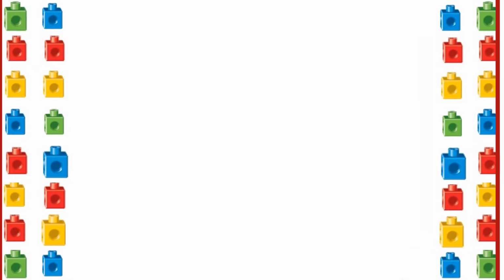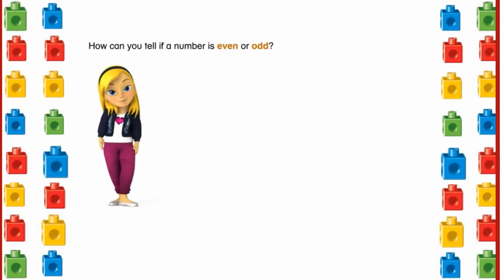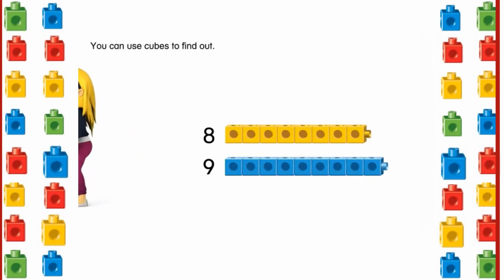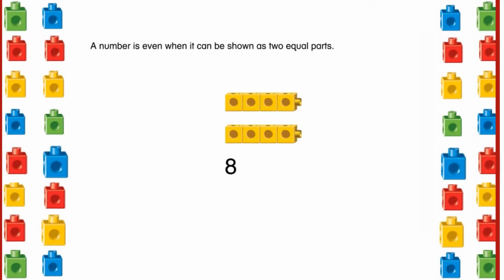Okay, so now let's see if we can get a better explanation from someone else. How can you tell if a number is even or odd? You can use cubes to find out. A number is even when it can be shown as two equal parts. That sounds like what we just said. Is the number 8 even or odd?